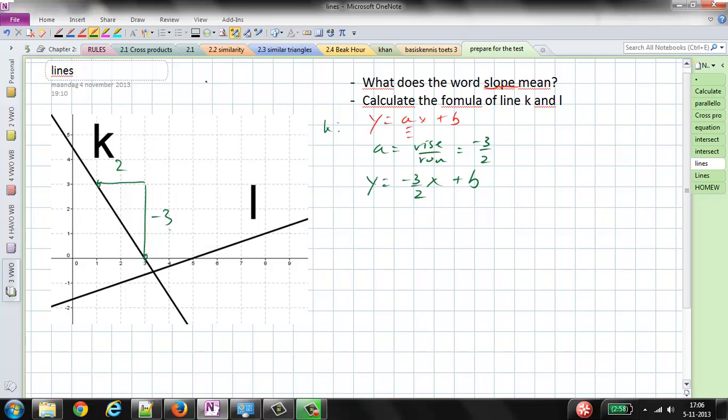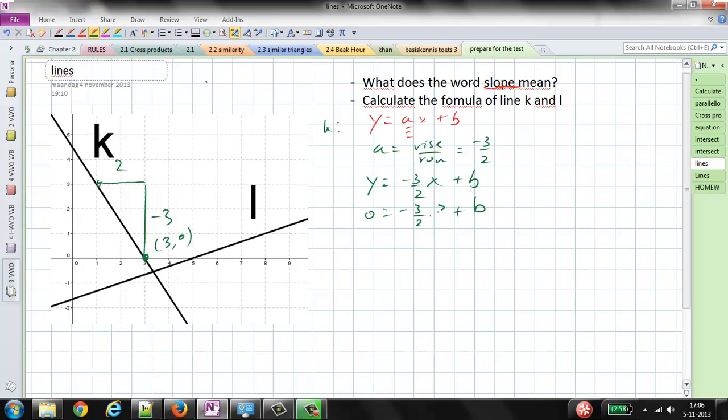Then I take any old point and fill it into the formula. So I'm going to take this point, which is 3, 0. Fill it in, and I'm going to get 0 is equal to minus 3 halves times 0 plus b, and I get something that's not correct.